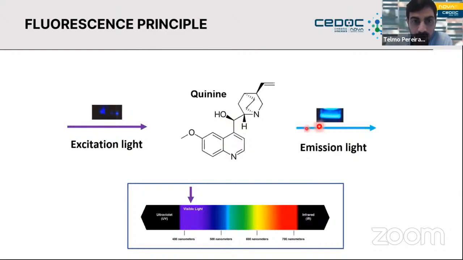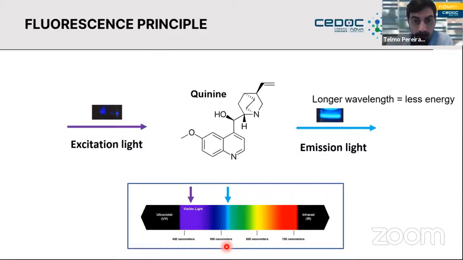And if you compare it with the emission light, you can already see that the color is very different. You will see that this is around 500-something nanometers. So since this has a longer wavelength, it means that the light that is coming from your sample contains less energy.